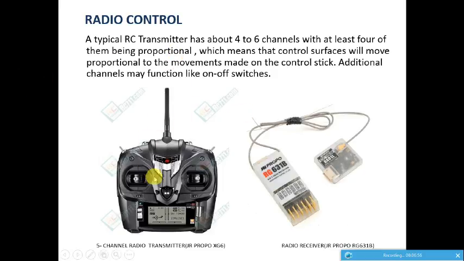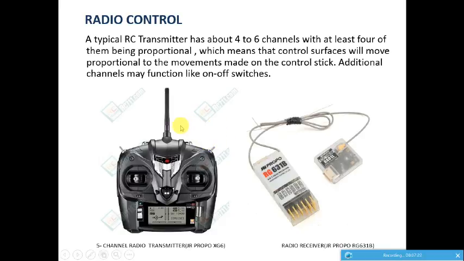So this is a 6-channel radio. Here it has been a mistake, sorry for that. It's a 6-channel radio. This model is the XG6. You can get this at around 3,000 to 4,000 rupees, around that. I don't know clearly, maybe around that.